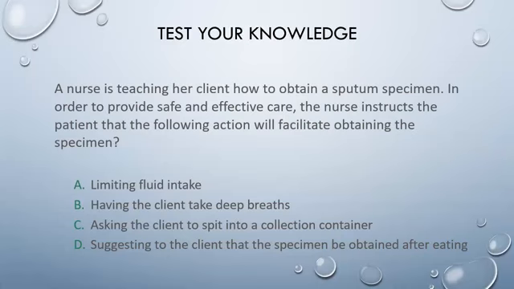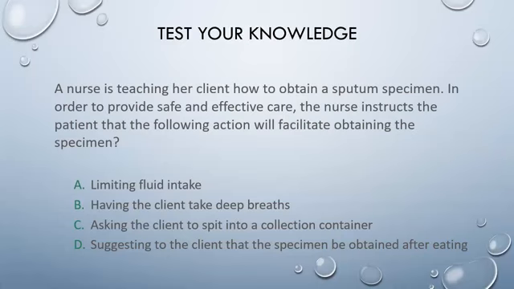Okay. Having the client take deep breaths. I think that is a good contender. Asking the client to spit into the collection container. Is that what we're going to do? No, because remember, spit and sputum are two different things. When we are collecting a sputum sample, we have them take super deep breaths, and then they cough, so that deep cough, that vigorous coughing, gets that sputum up out of their chest and into our collection container.